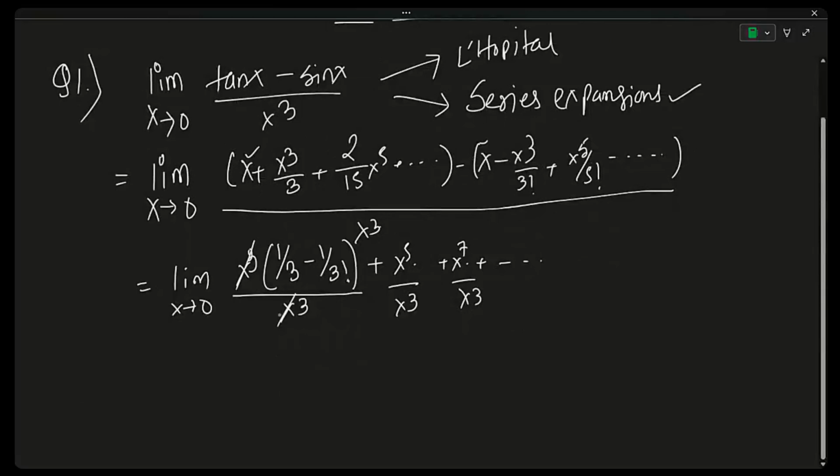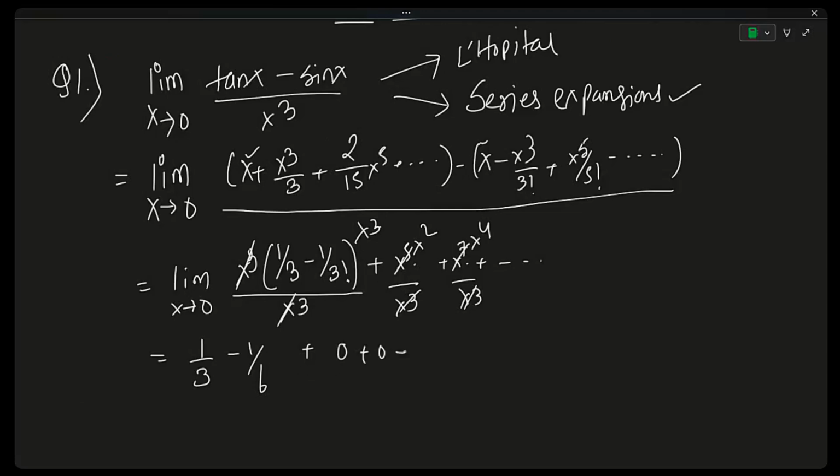This one will get cancelled and you will get a numerical answer, which is 1 by 3 minus 1 by 6. For the rest of these terms, you will see that these are going to be 0, because you will always have a power of x in the numerator itself, and since x tends to 0, all of this is going to be 0.